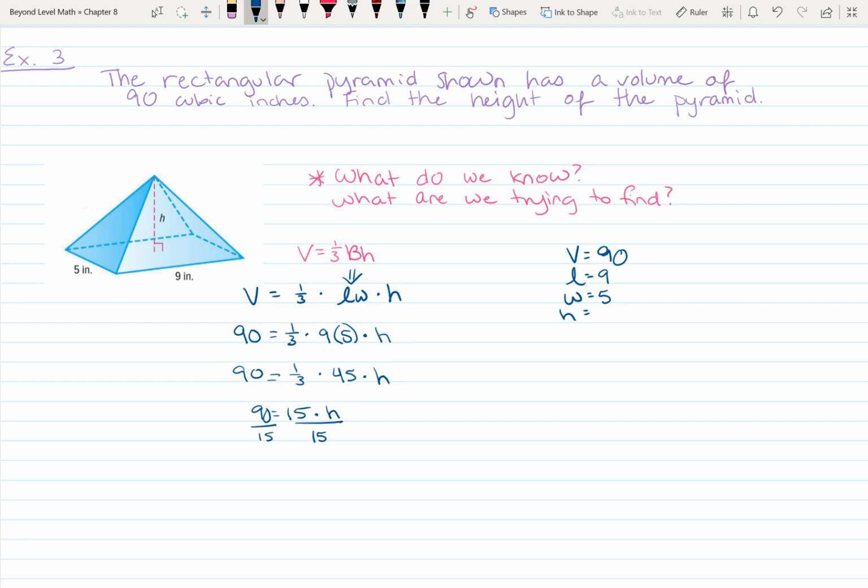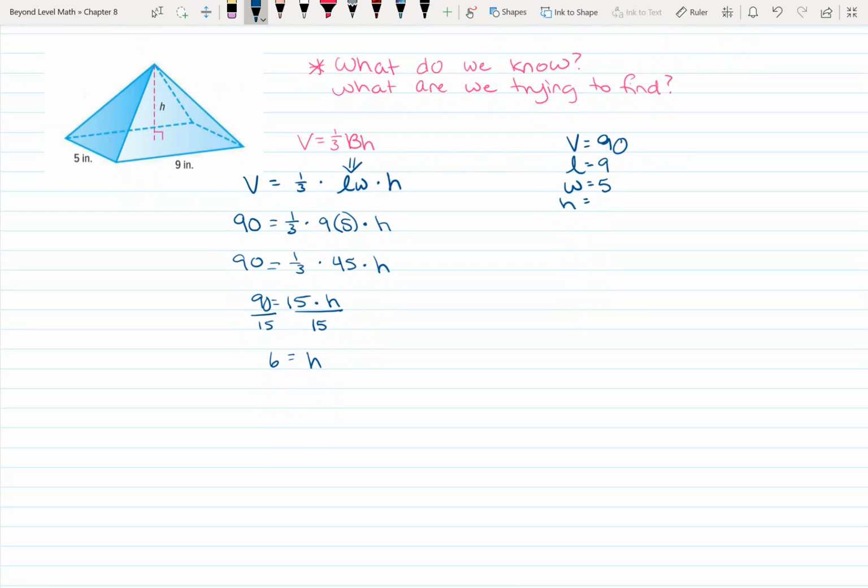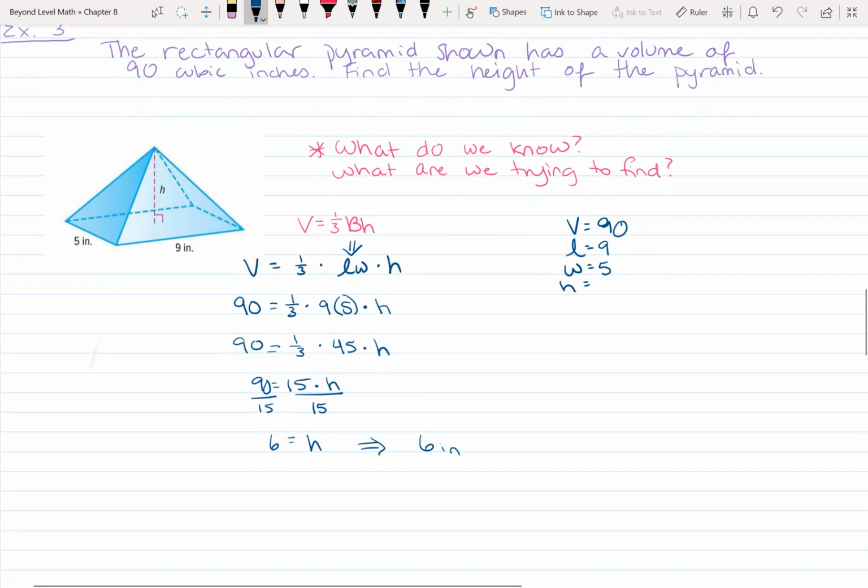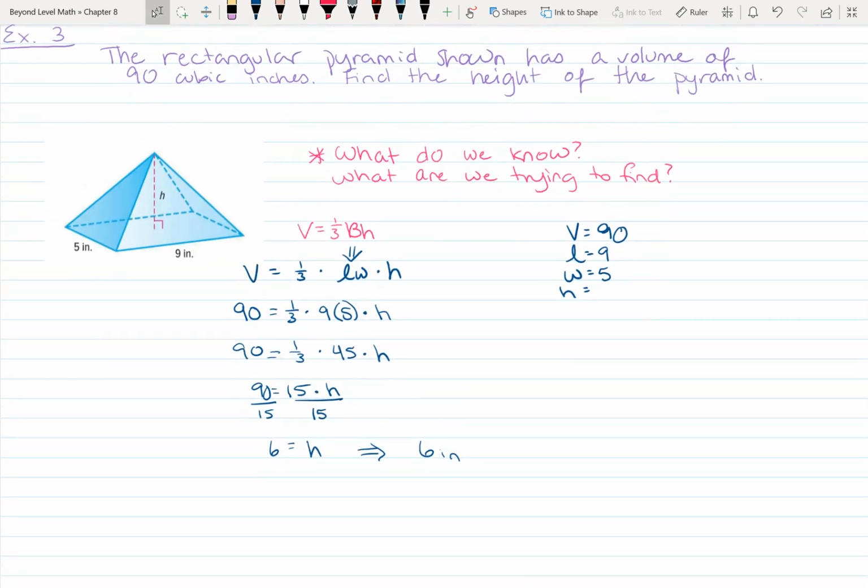And 90 divided by 15, we get 6 equals H. Alright, so our final answer is 6 inches. Now it's not cubed because we're dealing with height, not volume. If it asks us to find the volume, it would be 6 inches cubed, but in this case it's just height. That is our final answer.